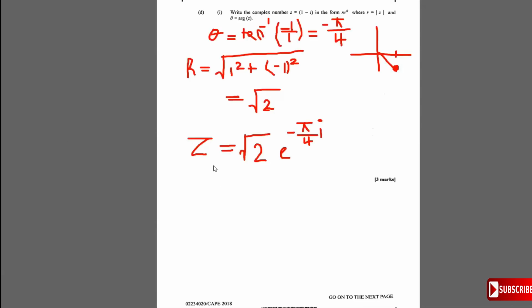Moving right along, it now says, hence, show that 1 minus i to the 9 is 16 times 1 minus i. So this is what we want.